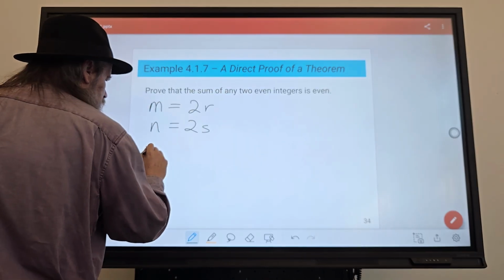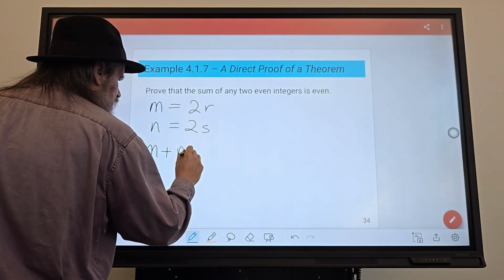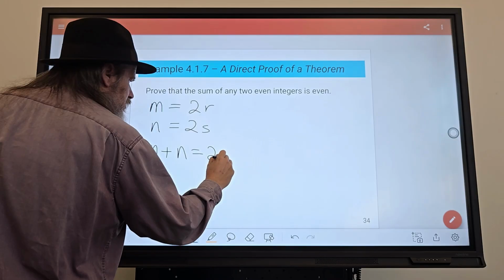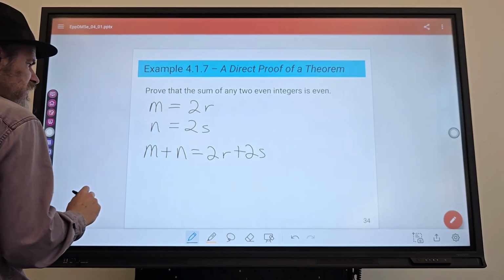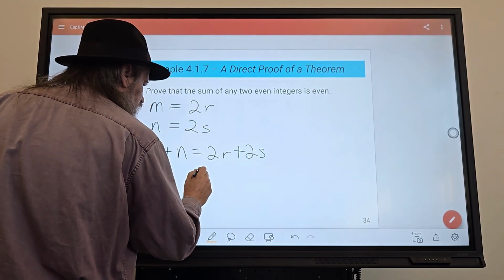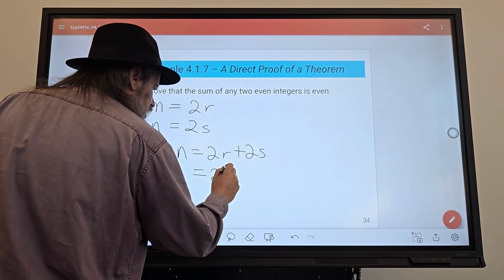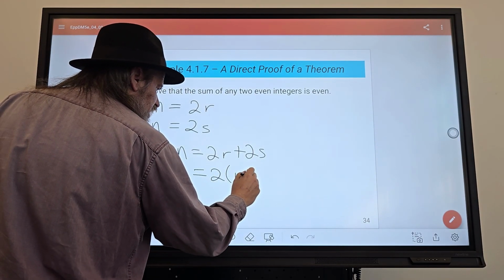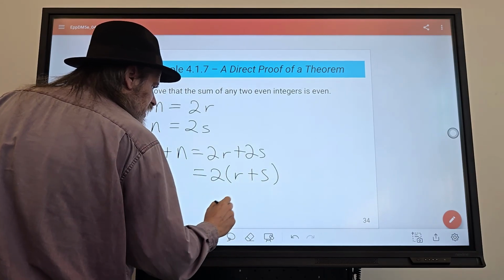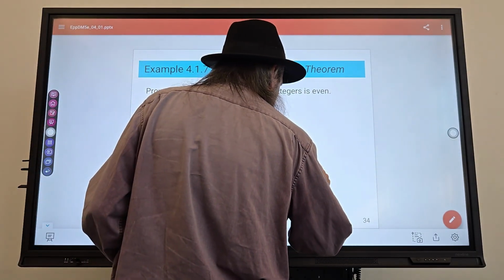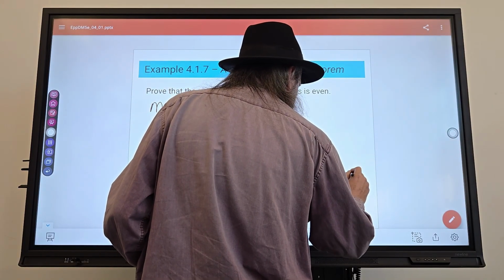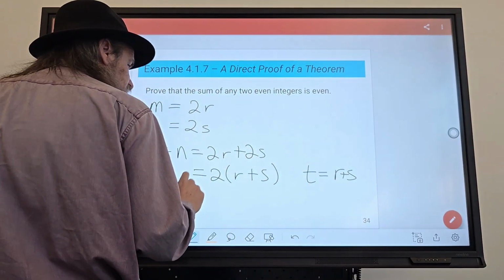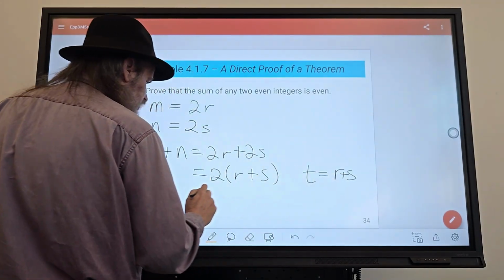M plus n equals 2r plus 2s, which equals 2(r plus s). And suppose t equals r plus s. T is an integer because it's a sum of 2 integers.